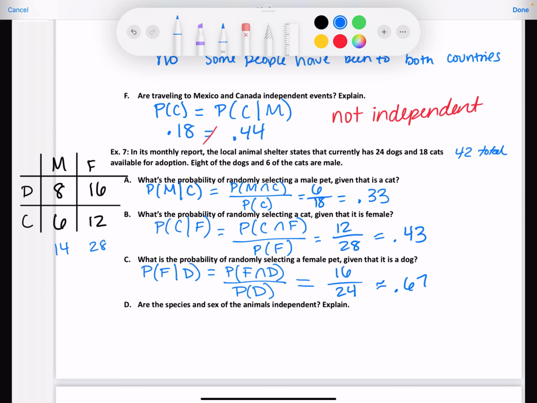So, are the species and sex of the animals independent? There's a few different options, so you can pick whichever one you want to do. Take the probability of a male dog. Well, are you saying male given that it's a dog?